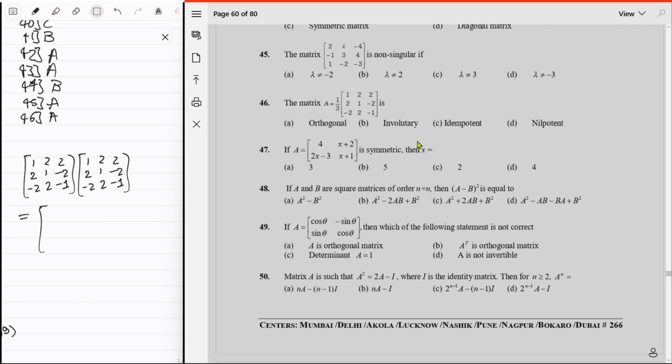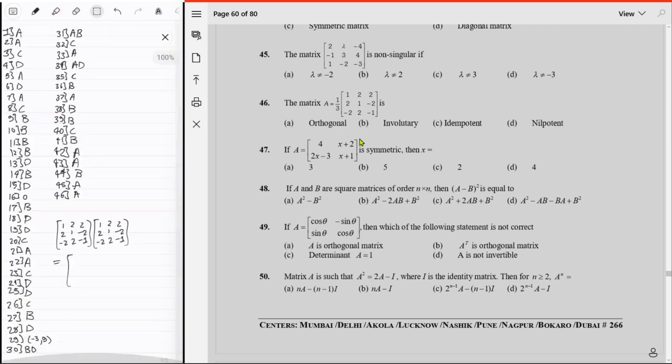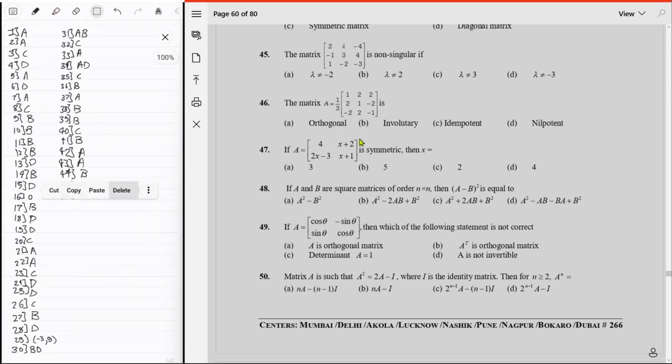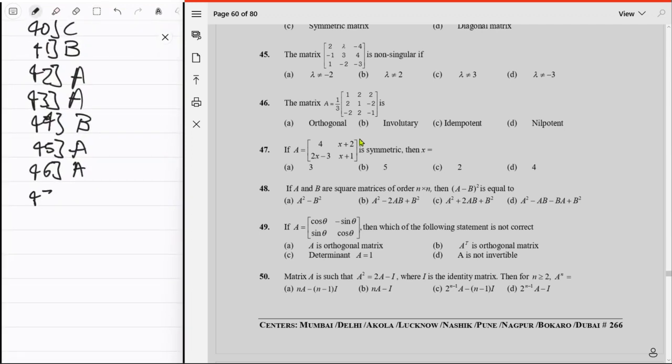For it being idempotent, this should be 1 upon 3. But the first element is already 1 upon 9, which is not 1 upon 3. So guess what? No, it's not idempotent. Anyway, next question.